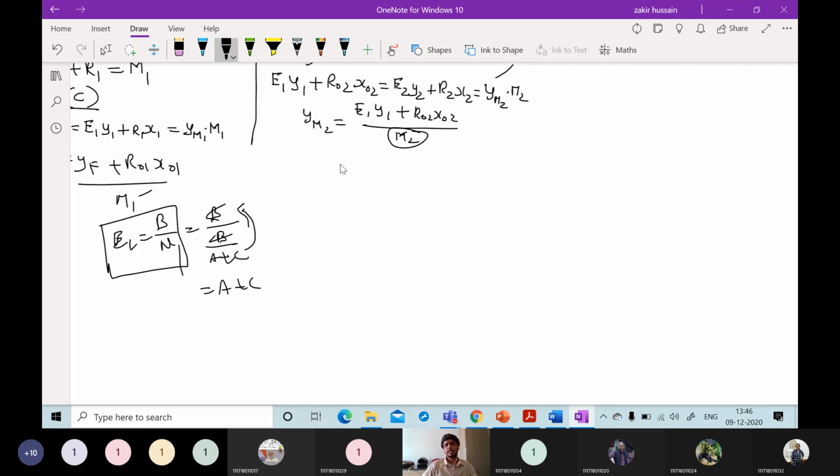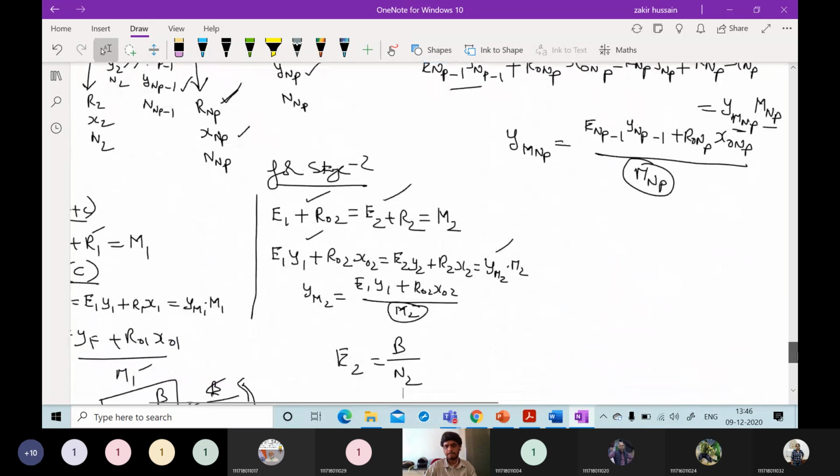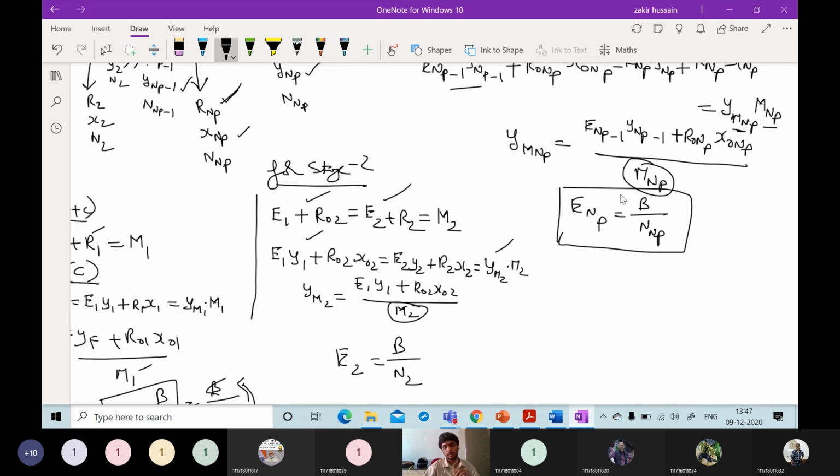It is not at all participating in the leaching operation. Then here E2 is equal to B by N2. Then similarly for the nth stage, E_NP is equal to B by N_NP. So these formulas you have to remember. These are all the material balance formulas.